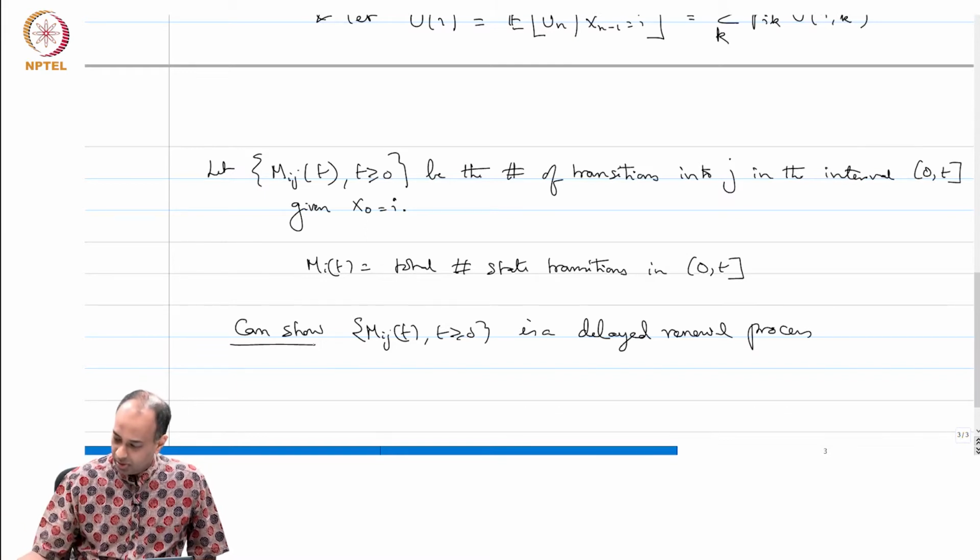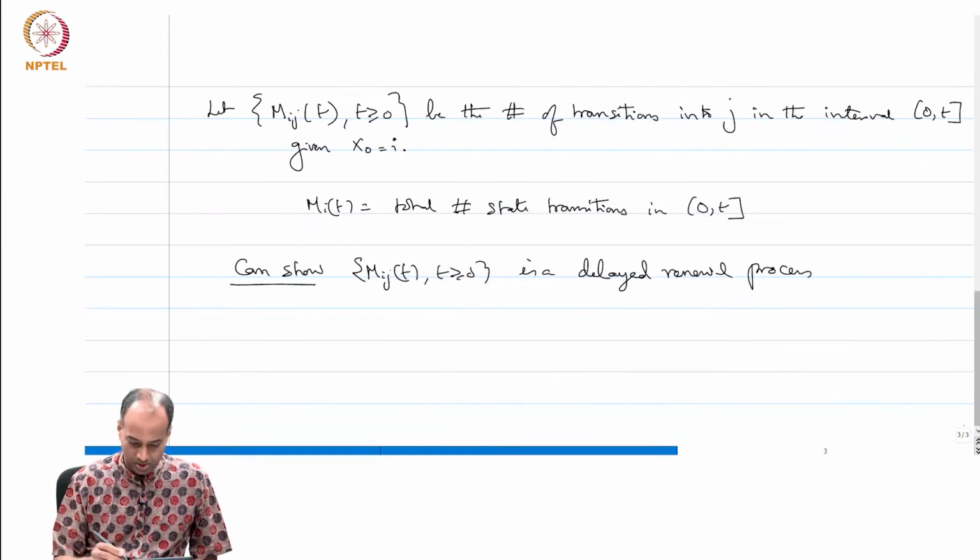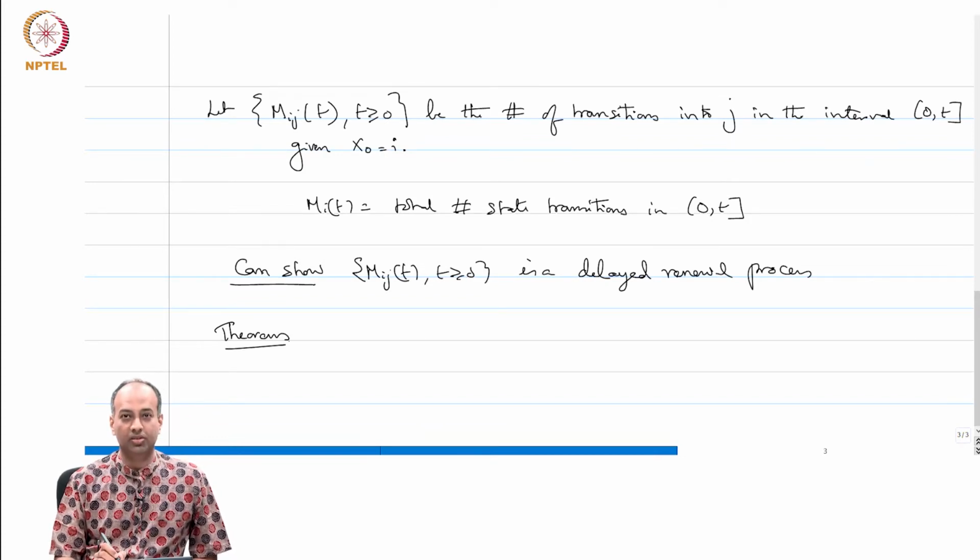So, you can use the same machinery to show a theorem like this, which is analogous to what we did for time average occupancy of states in the CTMC.